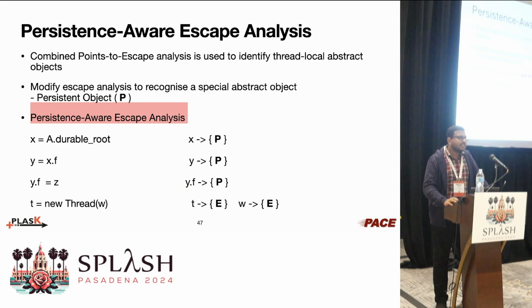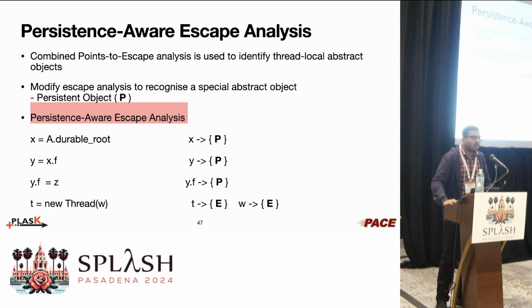But for the thread creation statement, we'll still say that the T is pointing to an escaping thread object, and all the parameters passed to this thread object are escaping. So this small change affects the results of our approach.